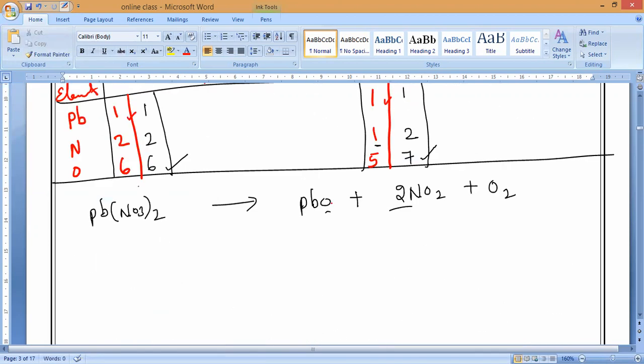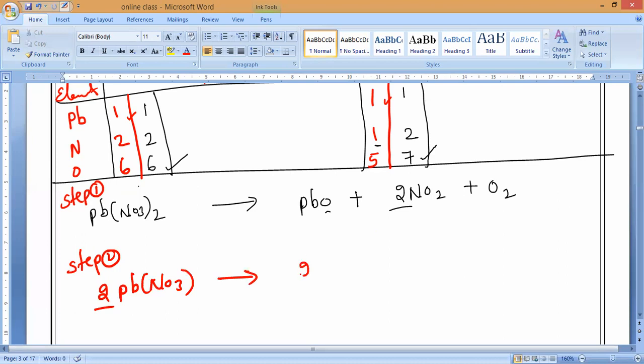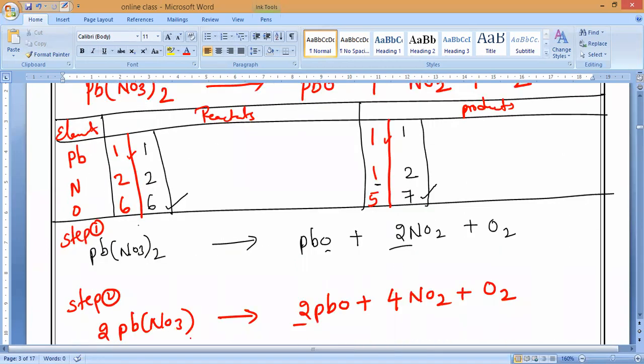Now observe the equation. Who is present alone? Oxygen. So except oxygen, all the remaining things we multiply by 2. So 2 PbNO3 gives you 2 PbO, and here 2 is already there; multiplied by 2 it becomes 4NO2, plus O2. Now check the balance. Lead 2.